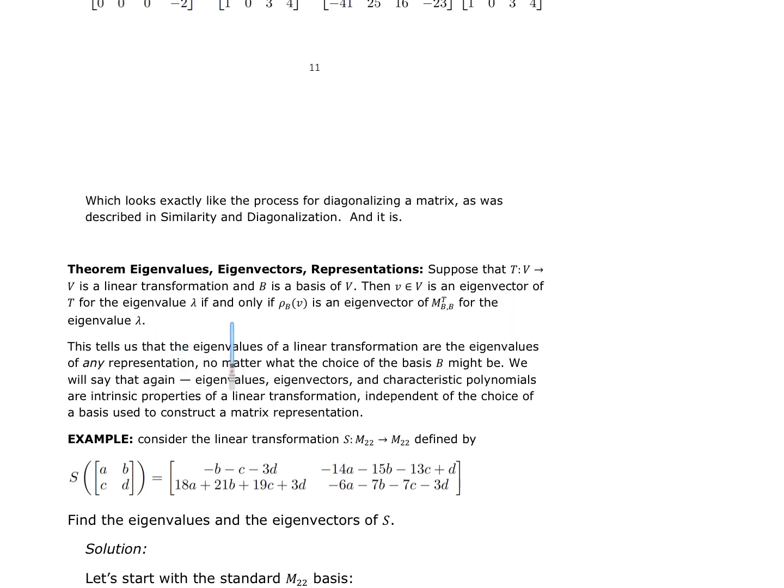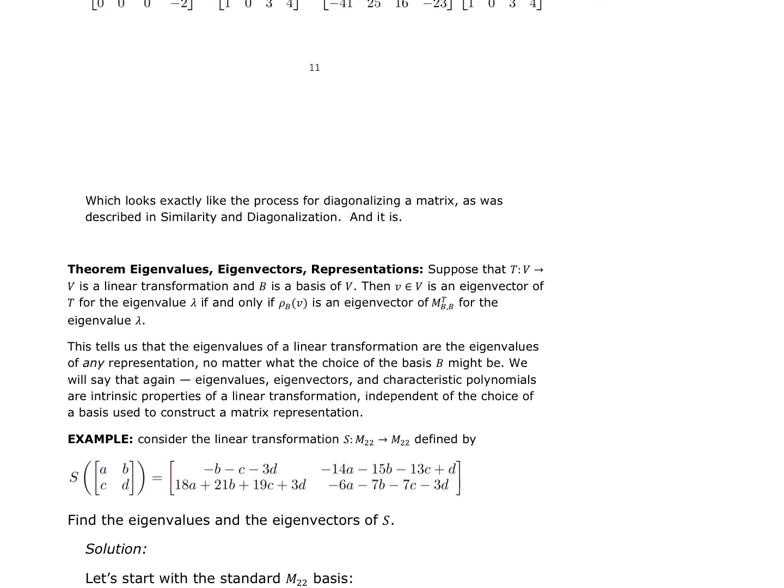This is true if and only if the eigenvector with respect to the basis B is an eigenvector of my matrix representation of the linear transformation from B onto B for that eigenvalue lambda. This tells us that eigenvalues of a linear transformation are the eigenvalues of any representation, no matter what your choice of the basis B may be.